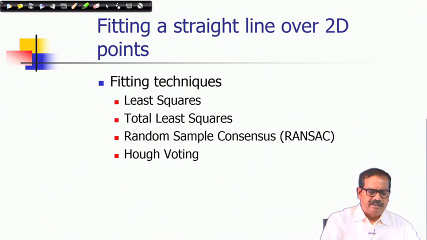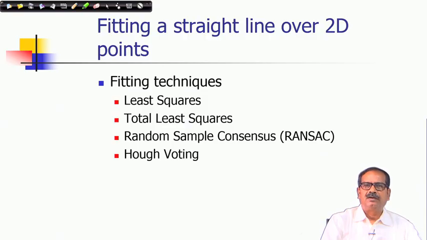Now, we will be considering a particular type of model fitting problem for this lecture to give you some ideas of these issues we discussed and some approaches to handle them. Those could be extended to fitting more complex models also.